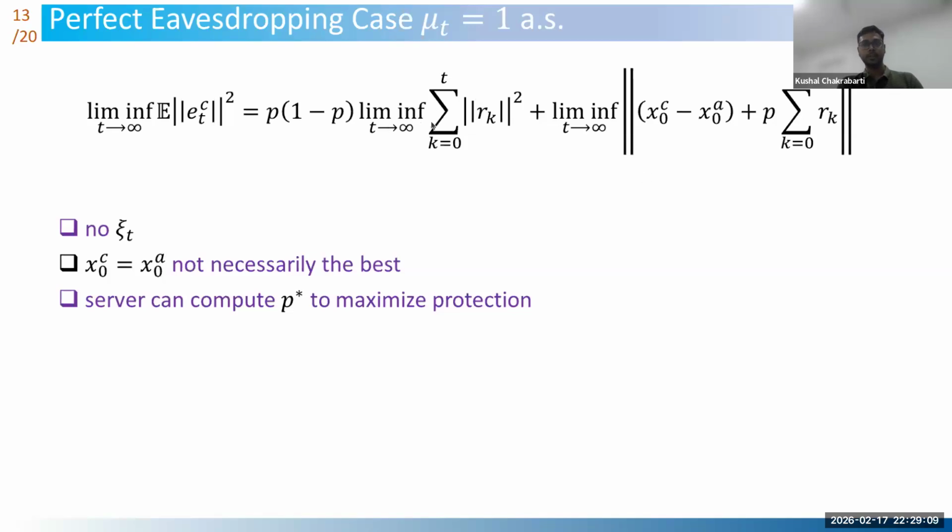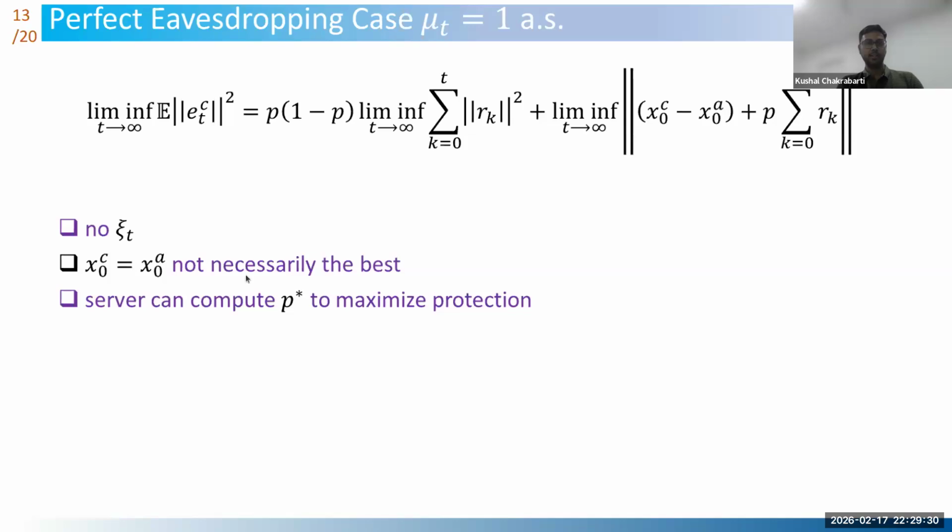And if you look at the expression of the protection, there are two quantities, and because it is the summation of these two quantities, it is not necessary that having this x0 minus x0 to be 0. It is not necessarily the best choice from a defense perspective.